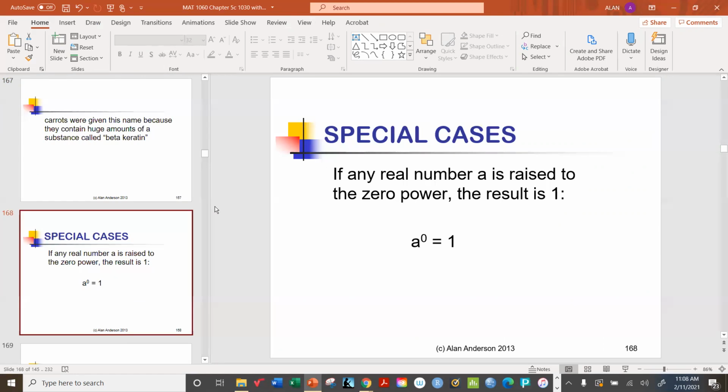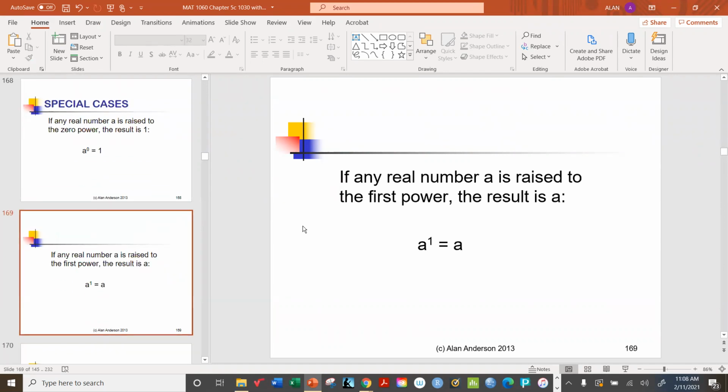Now, as far as the special cases go, any number raised to the zero power is defined to be equal to one. No matter what it is, a zero exponent means you have one. Very interesting. How about this one? If I raise a number to the first power, all I end up with is the original number.